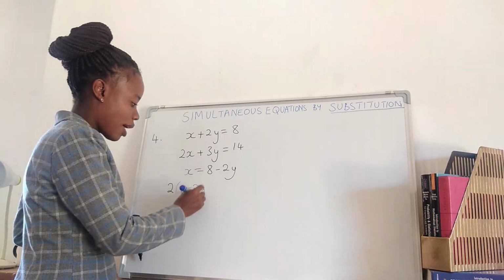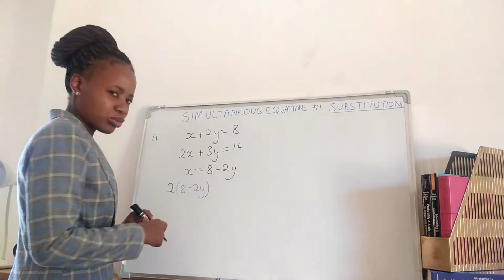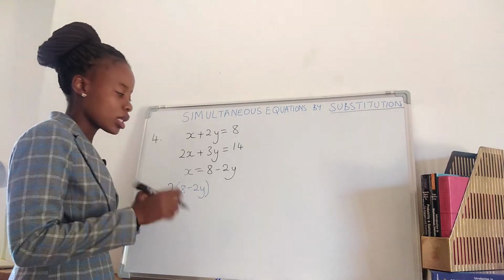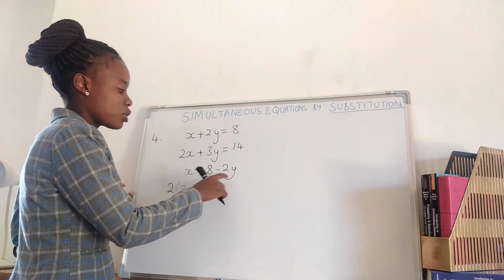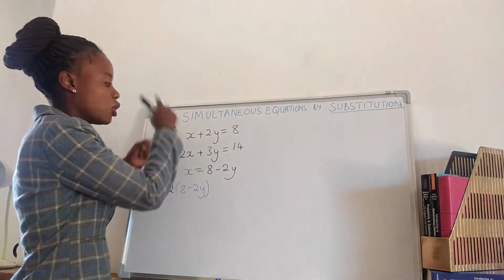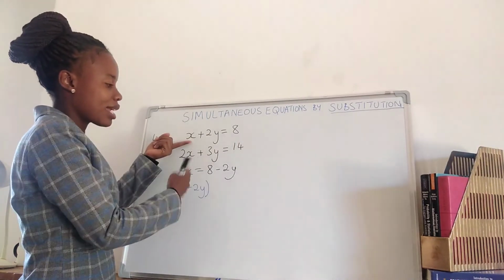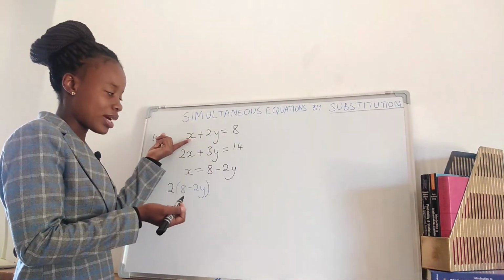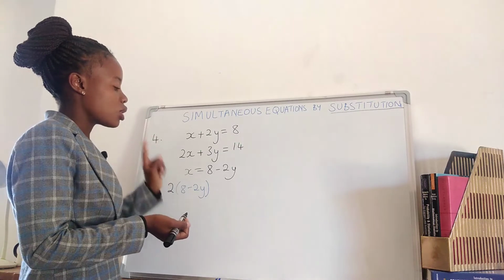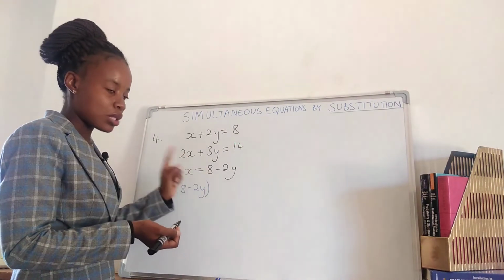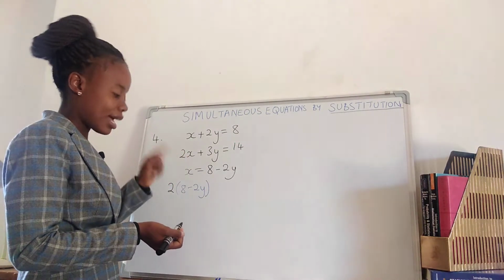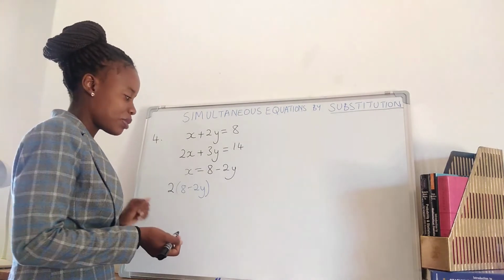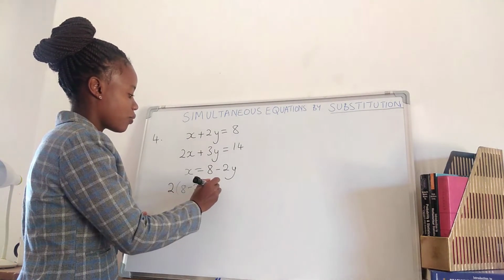You cannot substitute 8 minus 2y in the first equation while you have used it to make x the subject, okay? You'll see that it's impossible to do that. So just make sure that you substitute your x or your y in the other equation that you did not make the subject, okay?